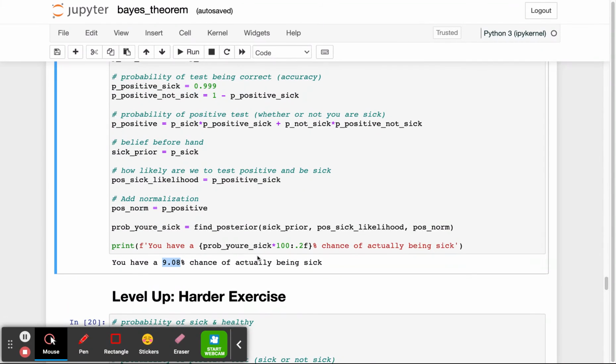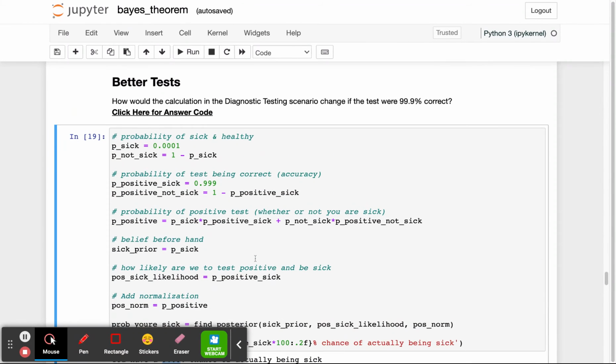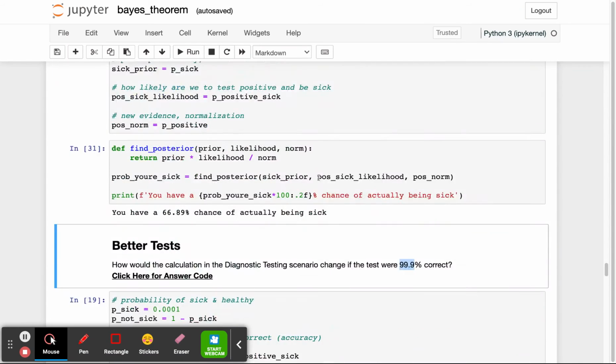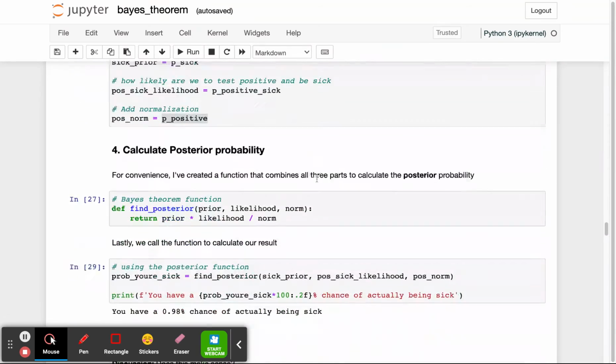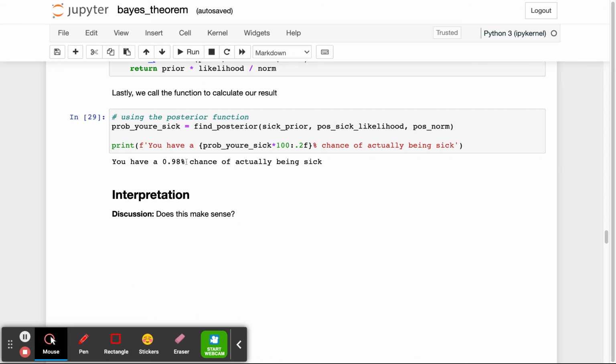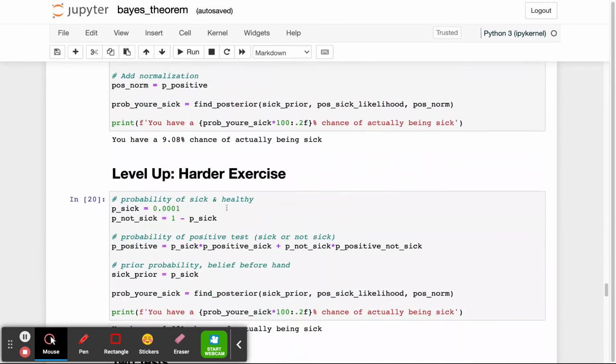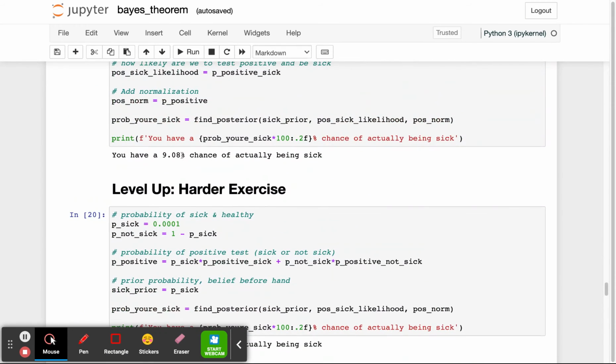So now we see that the test has gone from 99% accurate to 99.9%. So whereas before we had a probability of 0.98%, now with the more accurate test it's gone up, where the probability of being sick has increased 10 times.